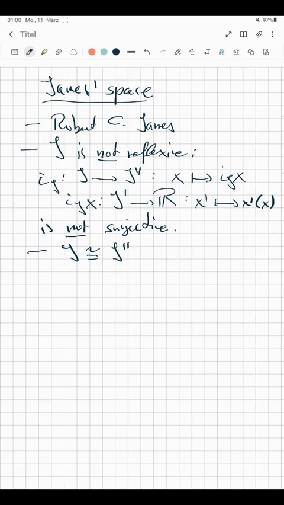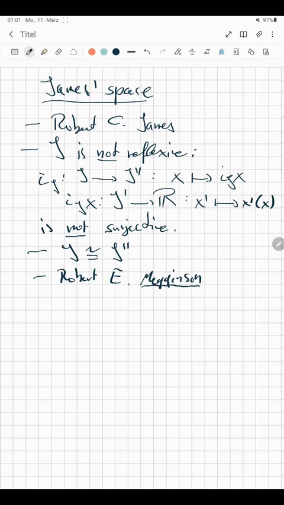I should note that this lecture follows my bachelor's thesis, which I originally wrote in German, and 99% of this thesis is based on a book from Robert E. Megginson. So, Megginson.